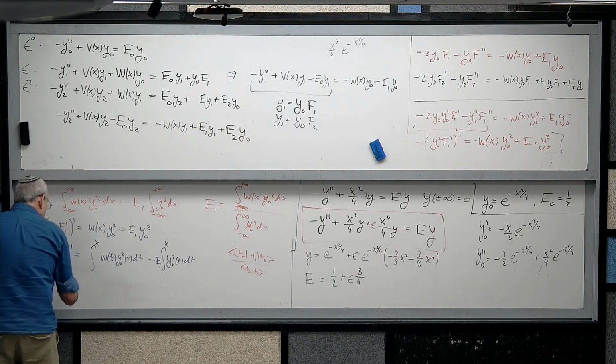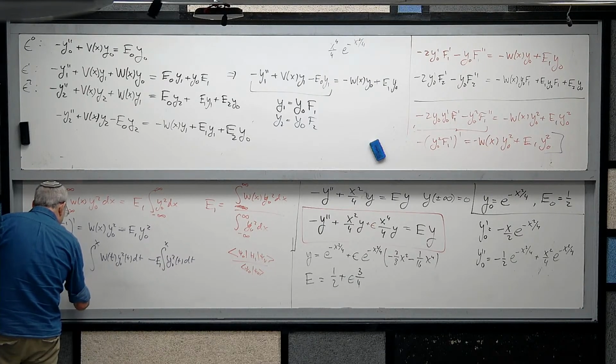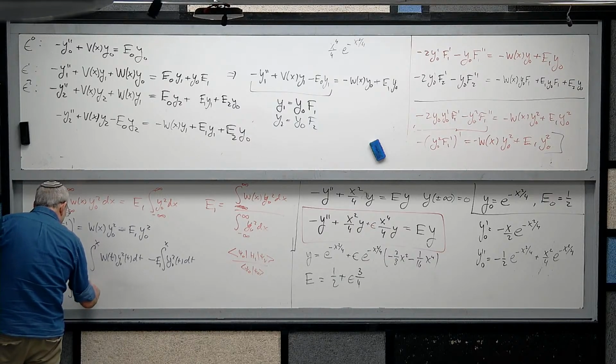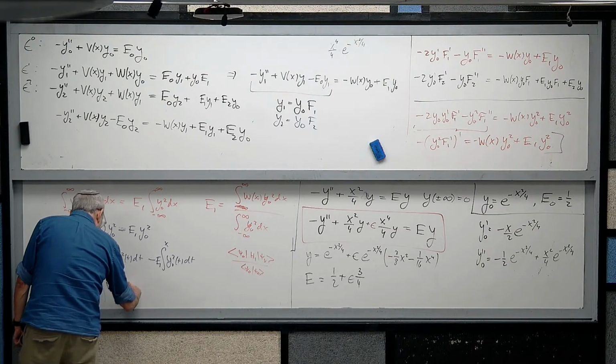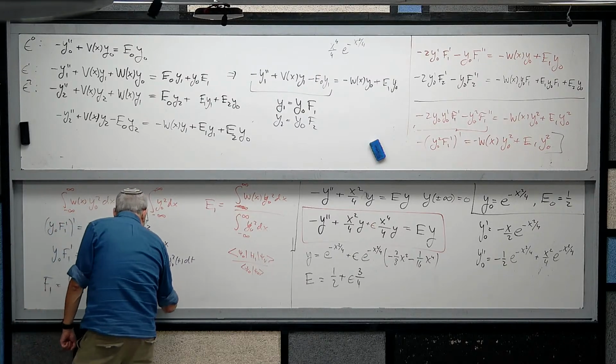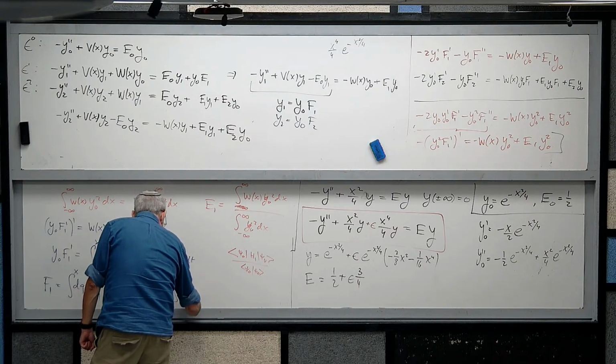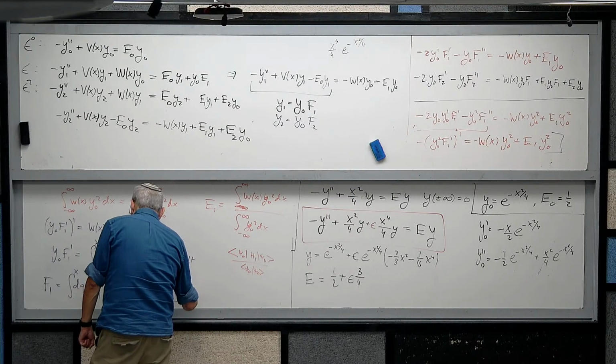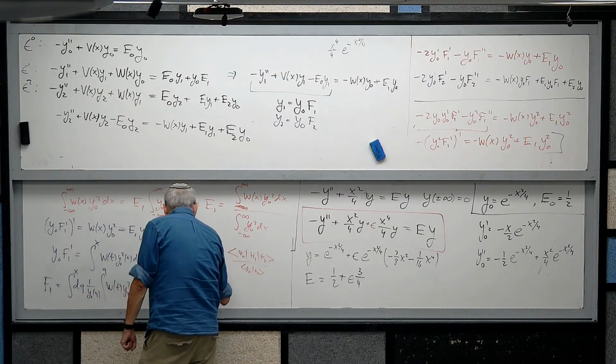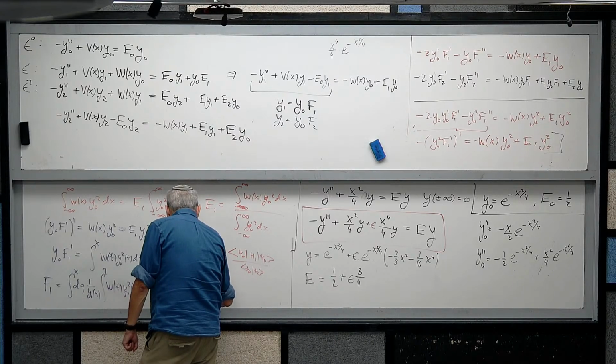So f1 is the integral up to x of dq, 1 over y naught of q, times the integral up to q of w of t y naught squared of t dt, minus e1 times the integral up to x of dq, 1 over y naught of q, times the integral up to q of y naught squared of t dt.